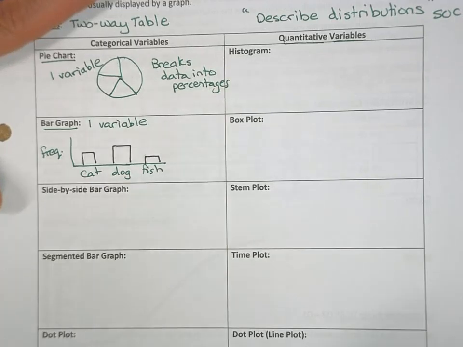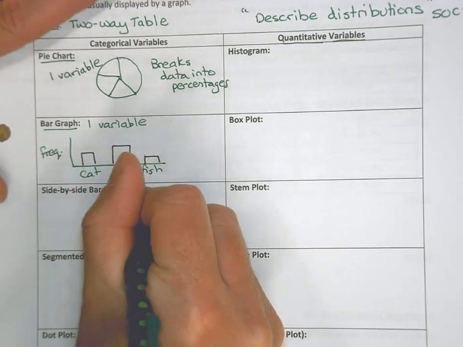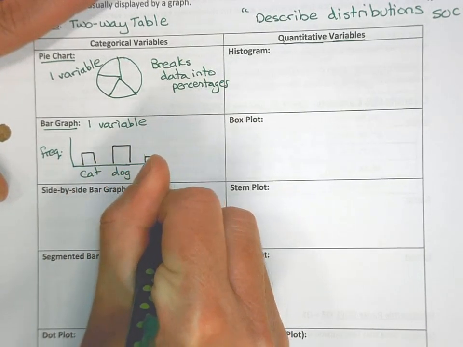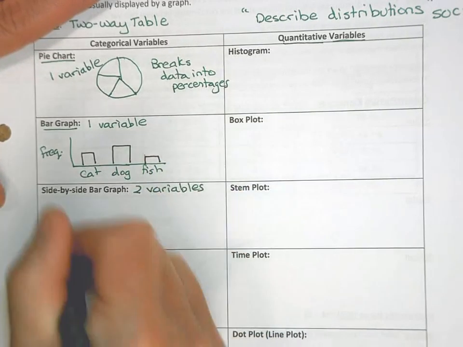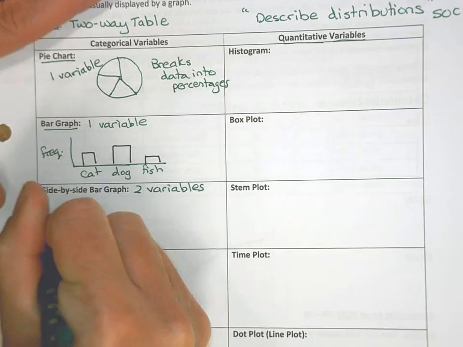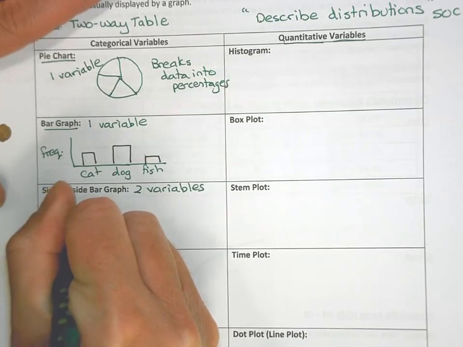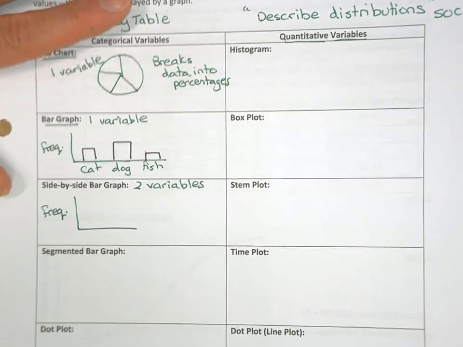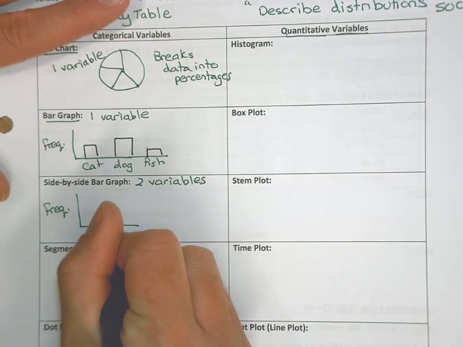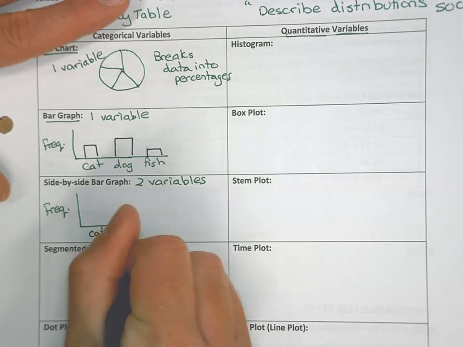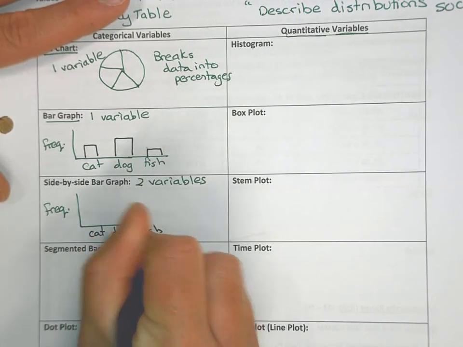Side-by-side bar graph basically takes into place two variables that you're comparing. You're still having your frequency on your y-axis, but now one variable is on the bottom, so you could have your cat, dog, and fish still.